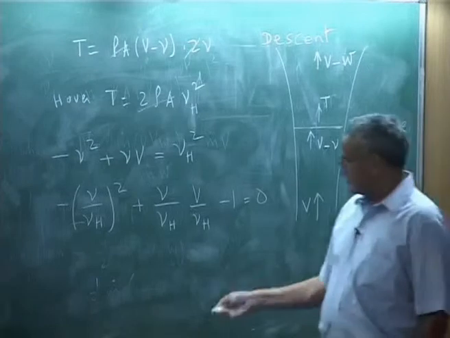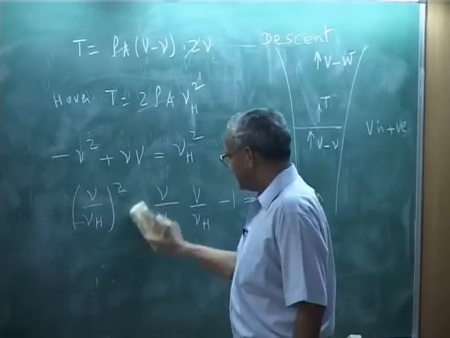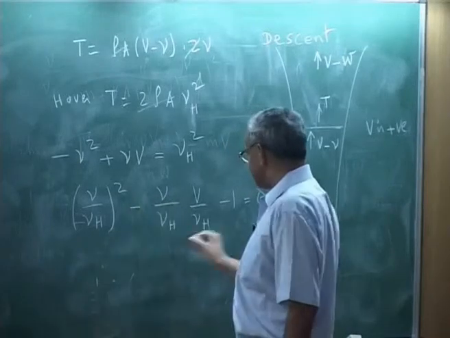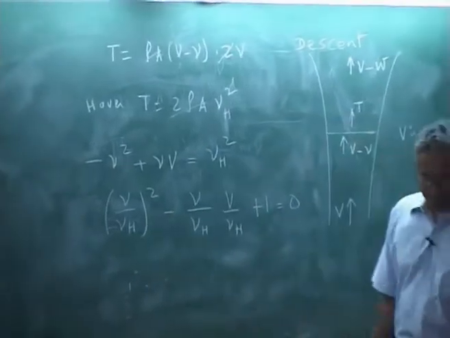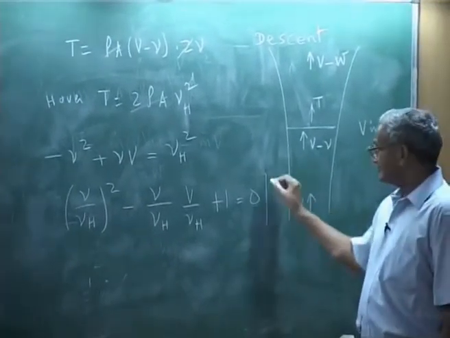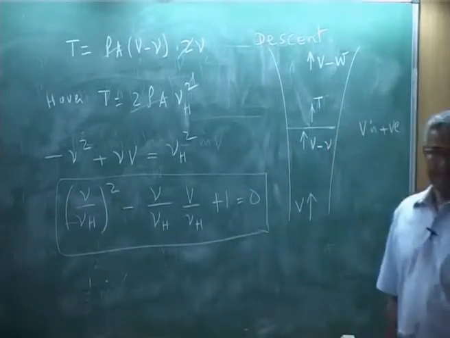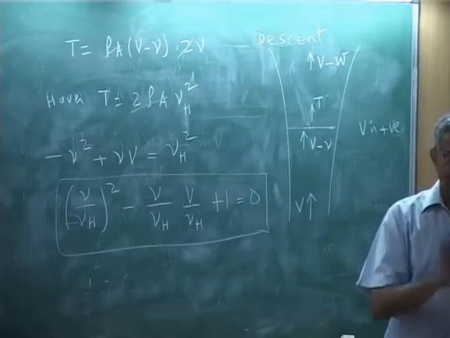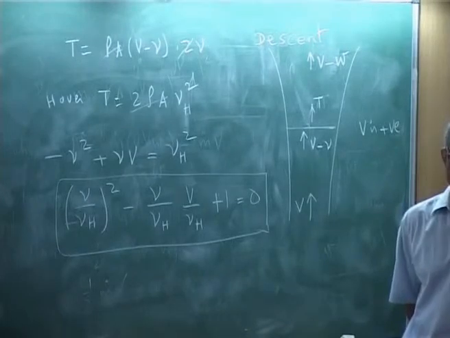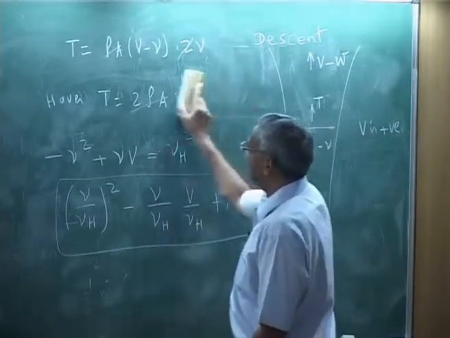Or in other words, you can change the sign, make this plus, this is minus, this is plus. Okay. Now, this is the equation for descending.